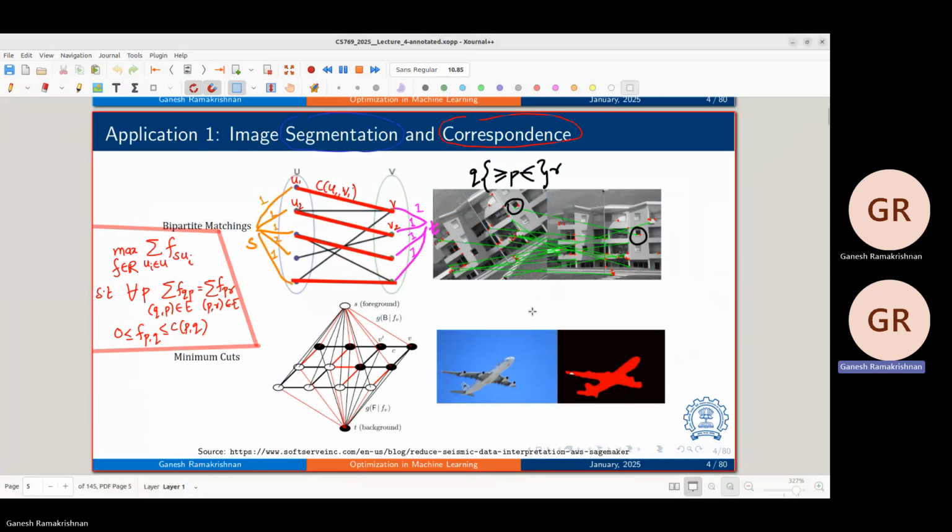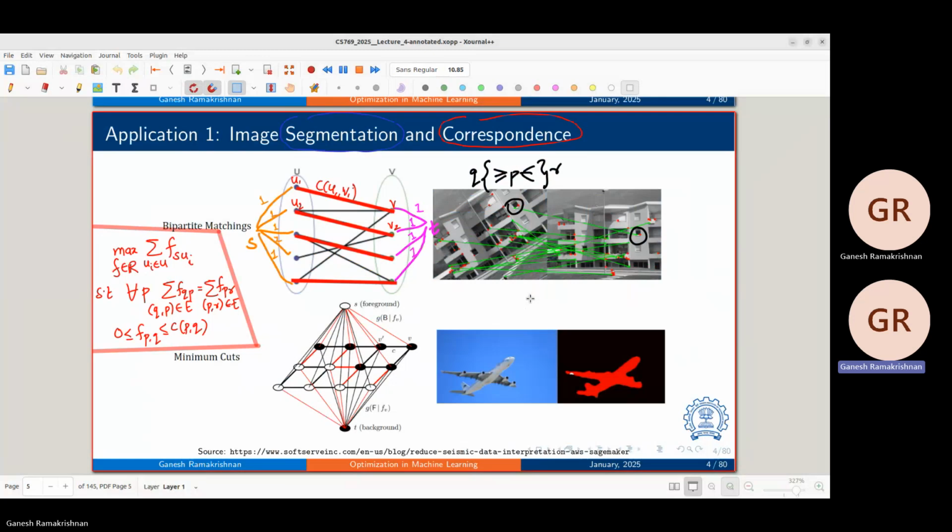Interestingly, you could pose this as a max flow problem where you have associated capacities with each edge. The capacities reflect how strongly corresponding the different patches across the two images are. If these two patches, the ones in black, look very similar, the capacity associated with this pair will be high.